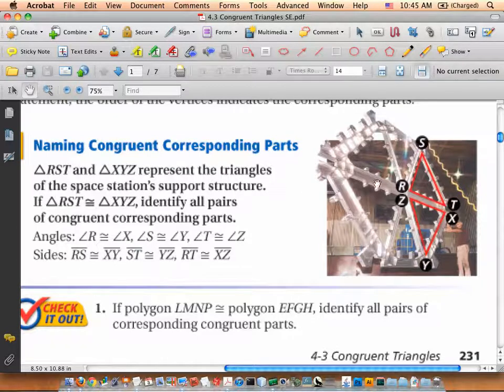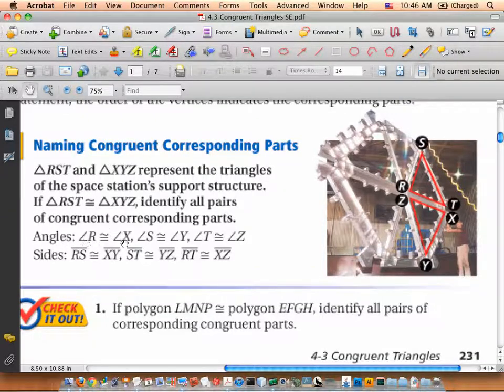Here's a triangle RST, and here's a triangle XYZ, representing the triangles of the space station support structure. If the two triangles are congruent, the first thing I want you to be able to do is to identify all pairs of congruent corresponding parts. And all it means to identify is just to list them out. That's it.